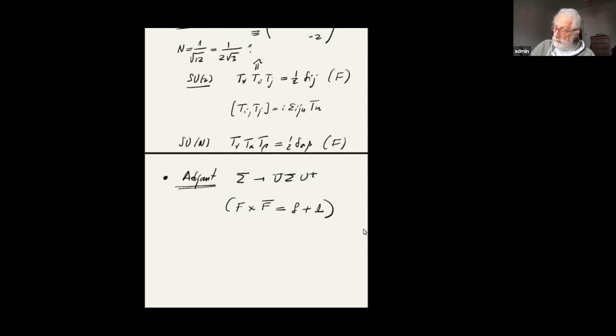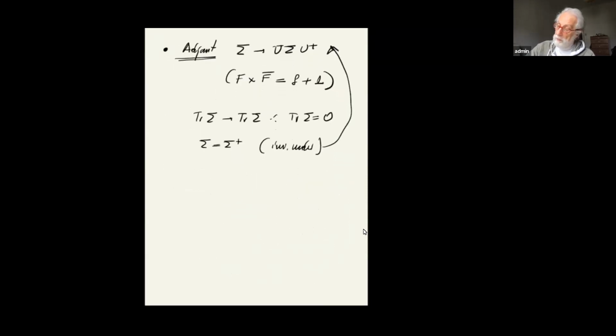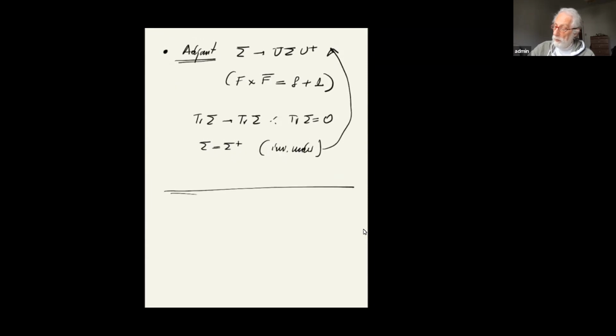Why 8 plus 1? Because trace sigma goes into trace sigma, so that we can take trace sigma 0. So there are only 8 components. I separate the trace. Also, sigma is sigma dagger, remember? This is invariant under above. So when we need to talk about it, we'll talk about the adjoint, but you've learned it in SU2. I don't know how much I want to say really about the group theory.